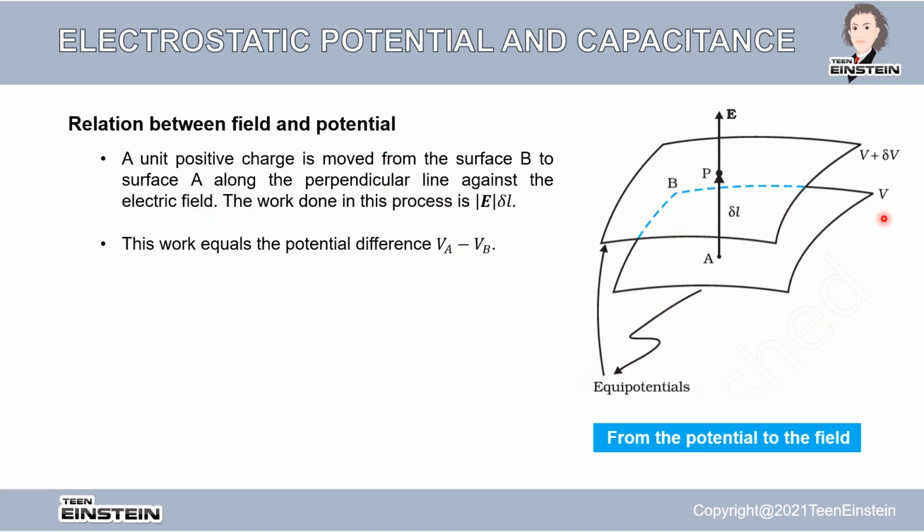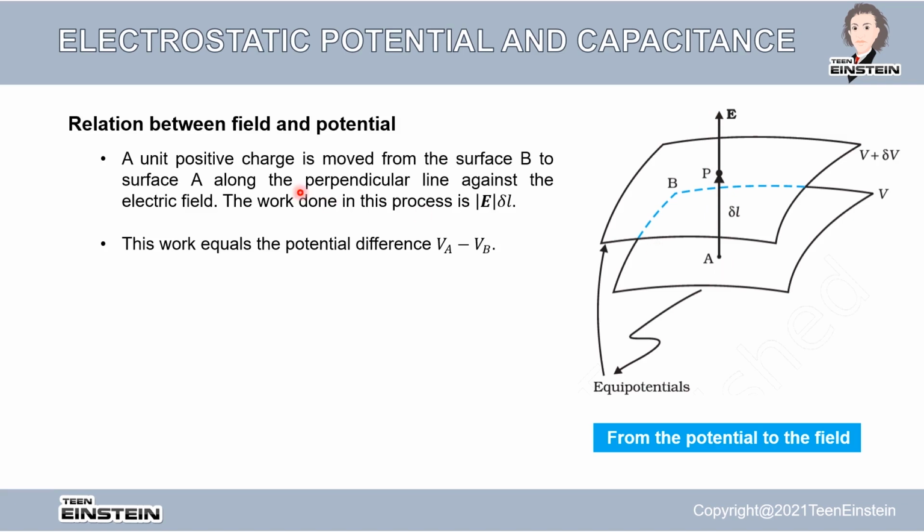So we have two equipotential surfaces, one at a potential of V and another at a potential of V plus delta V, and our aim is to move the charge from B to A along the perpendicular line against the field. The field is going upward, so we are moving the charge from B to A against the field.